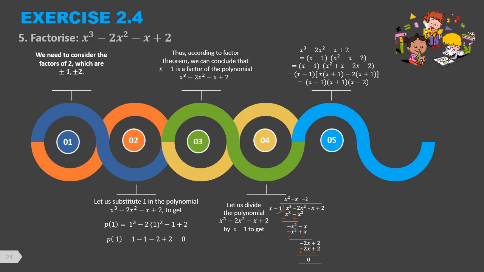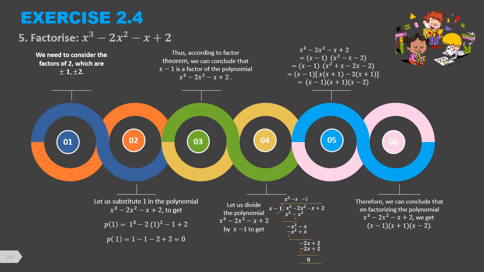The second bracket is a quadratic polynomial. Now we have to factorize it by splitting the middle term, which was already discussed in an earlier slide. Therefore, the cubic polynomial has the factors x minus 1, x plus 1 and x minus 2. So we can conclude the factorization of the cubic polynomial as given on the screen.